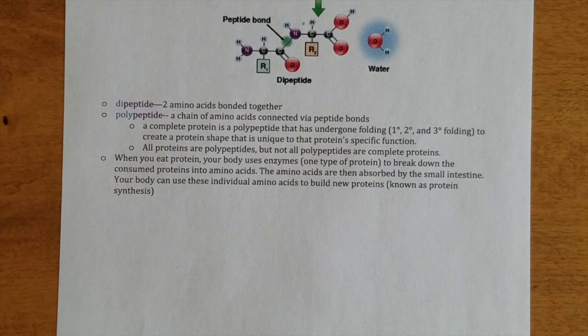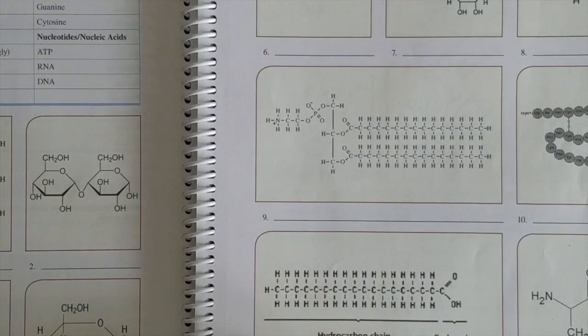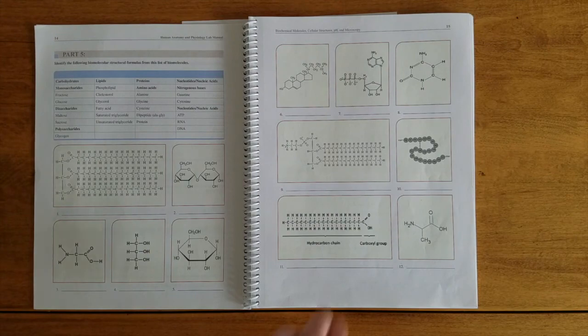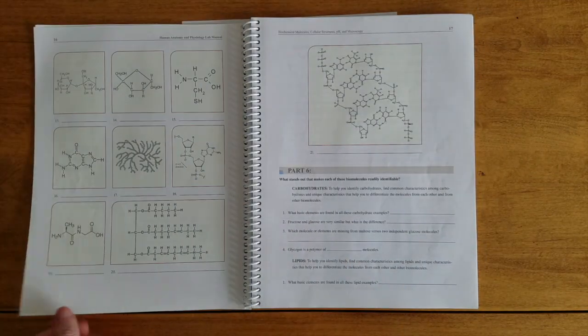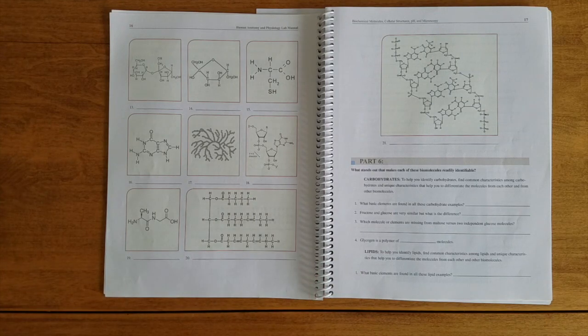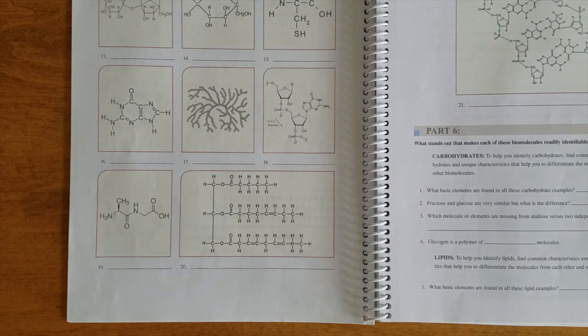So let's look for a dipeptide in your lab manual here. There we go. So keep in mind that wherever 2 lines meet in structural formulas in organic chemistry, there is a carbon.